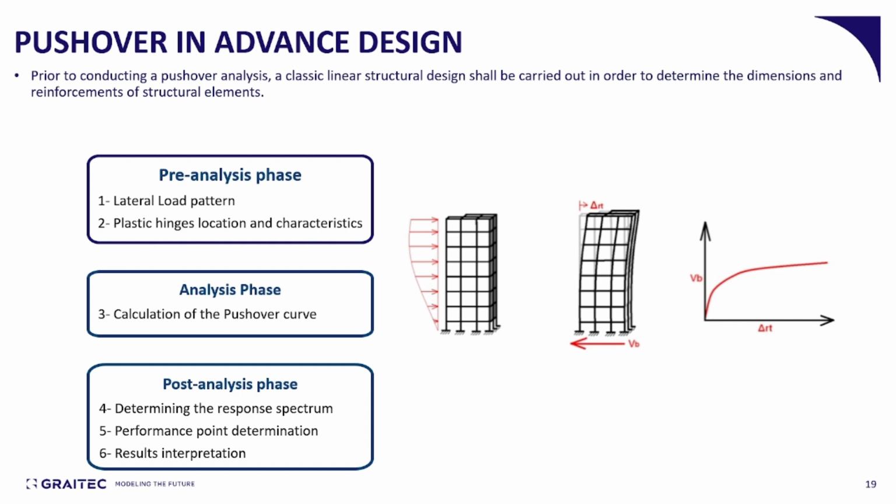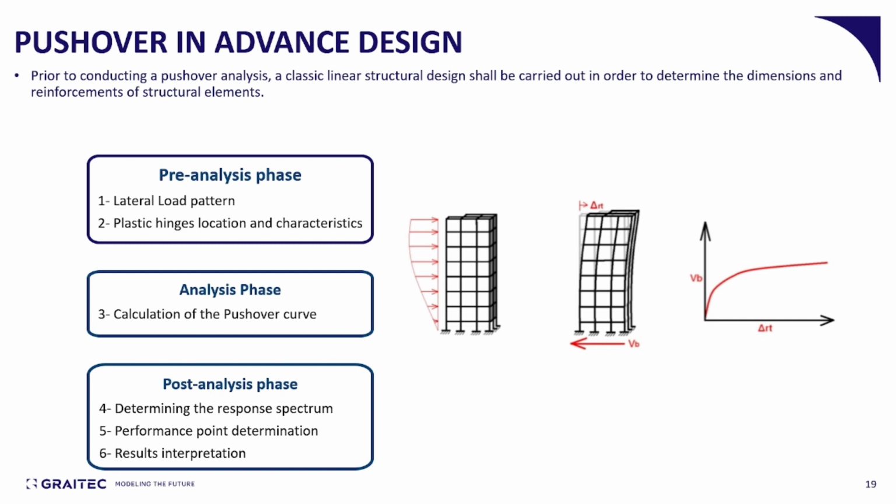And while we are defining the pushover analysis and the parameters that affect this type of analysis, there are two things the user needs to take into consideration. First of all is the lateral load pattern. Since we would like to simulate the earthquake loads, the loads are horizontal.